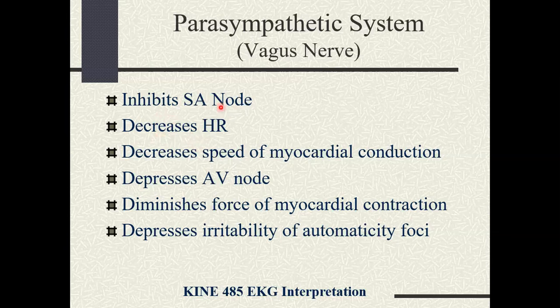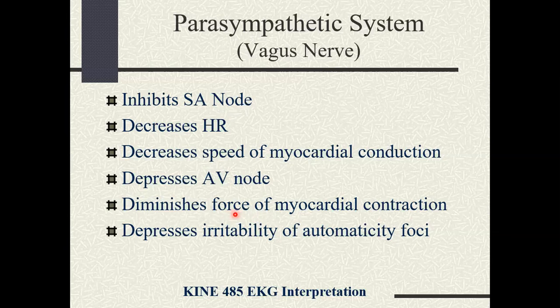With all this that's occurring with the parasympathetic nervous system and the decrease in heart rate, the decrease in speed of contraction through the myocardium, the decrease in speed through the AV node, it's ultimately going to diminish the force of contraction within the myocardium.